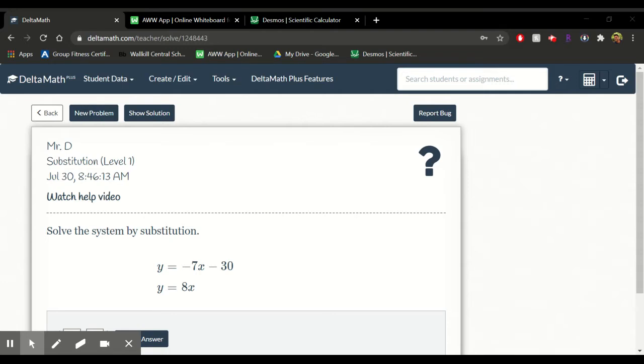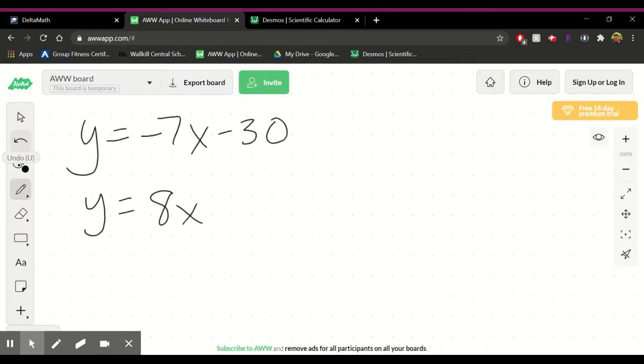Same concept goes here with substitution. So in this case, we're going to substitute this 8x, since it's equal to y, in for this y, and this y is going to come out. So you're going to have one equation now with one variable that you can solve.